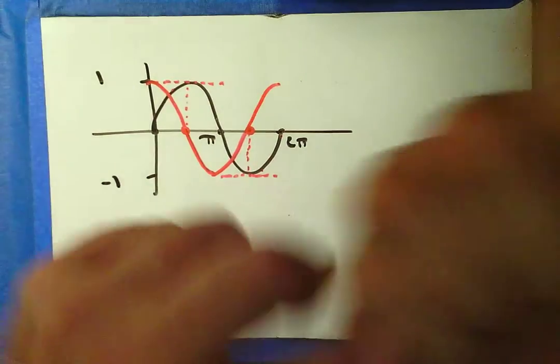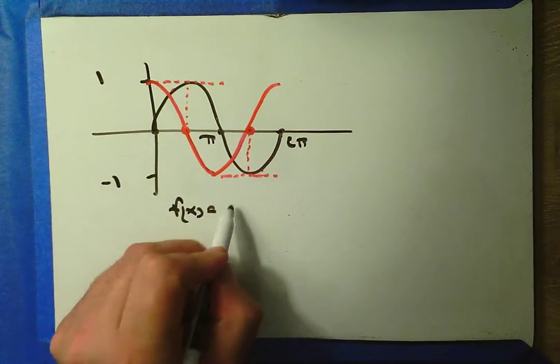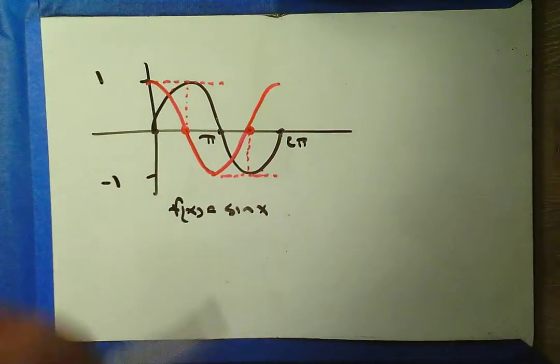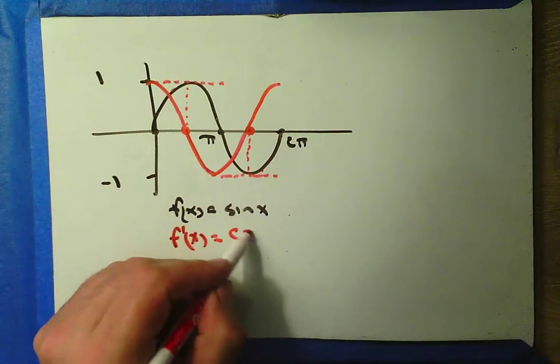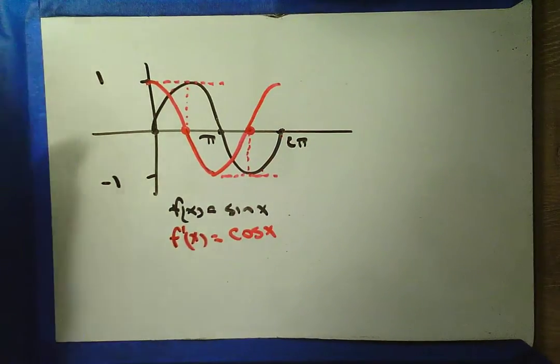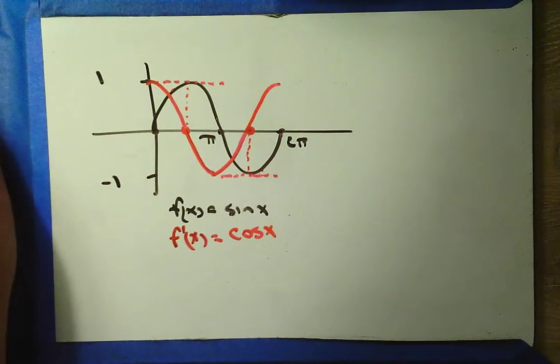If sine was the original function, f of x equals sine x, then the derivative function, f prime of x, must be cosine x. Therefore, the derivative of sine is cosine. Ta-da!